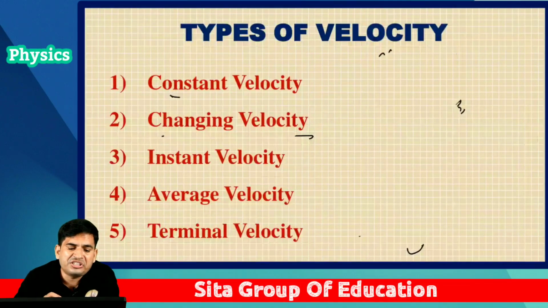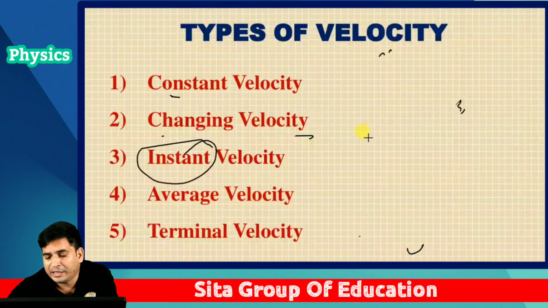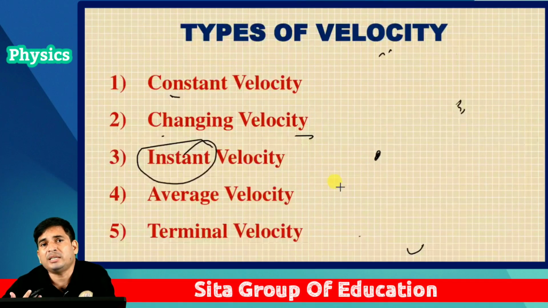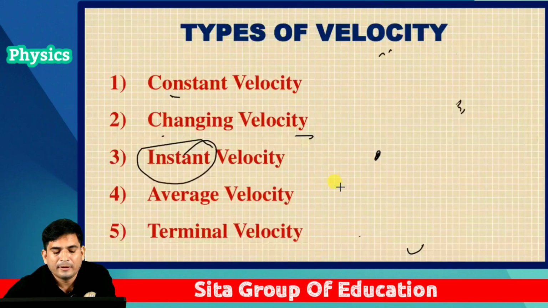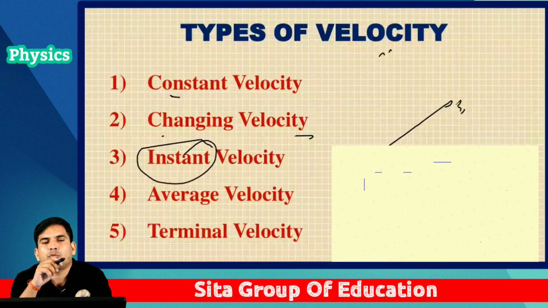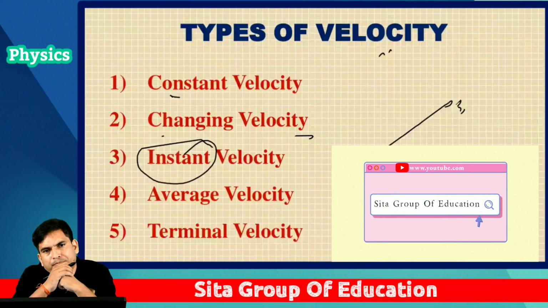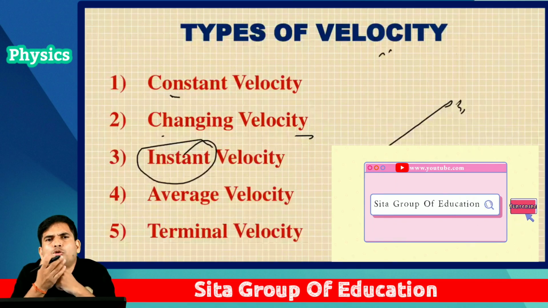Next one is the instant velocity. As the name says, instant, at a point of time it suddenly changes its velocity. Velocity which changes with respect to time instantly at a point of time is known as instant velocity. Let me give you one example. Suppose you are at your home and have just started to move.